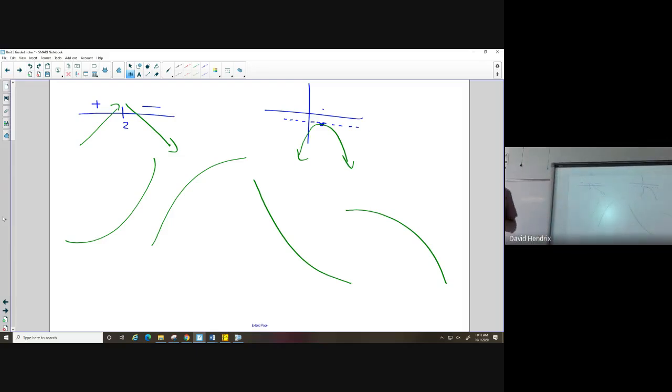Those are really all the different things, right? This is f prime positive, f double prime positive; f prime positive, f double prime negative; f prime negative, f double prime positive; f prime negative, f double prime negative. Okay? And so using those kinds of ideas, you should be able to connect. All right, anybody have any questions over that? Okay.